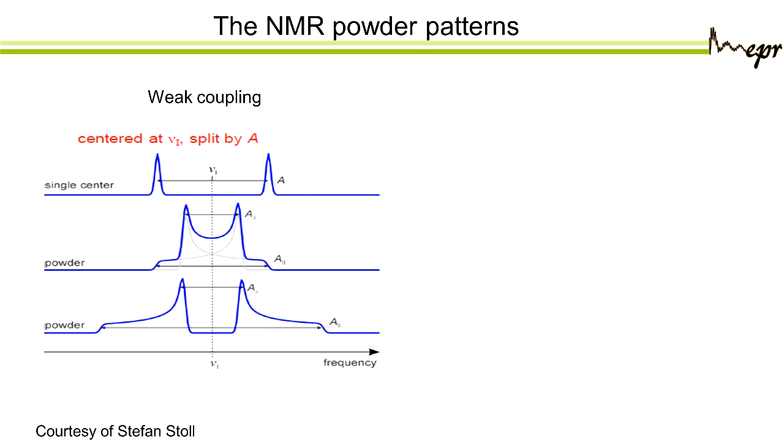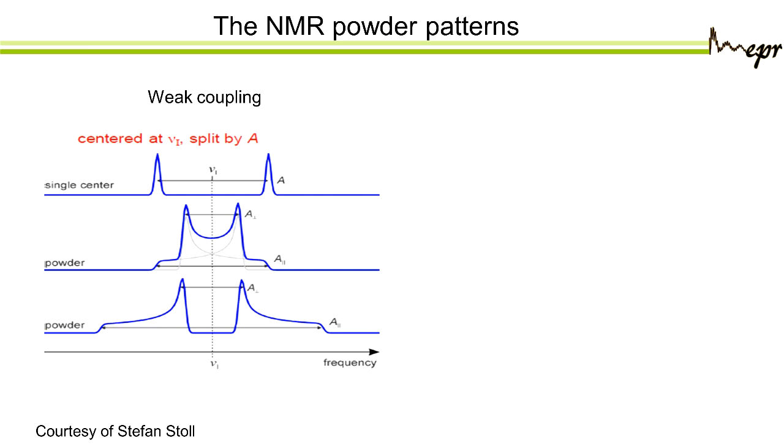Now, if we have a powder and we have only A iso equal to 0, you see this very nice powder pattern, and A perpendicular is half of A parallel. I think we've seen these shapes quite often, and this is called a Pake powder pattern. Now in the one below, we added an isotropic hyperfine coupling.